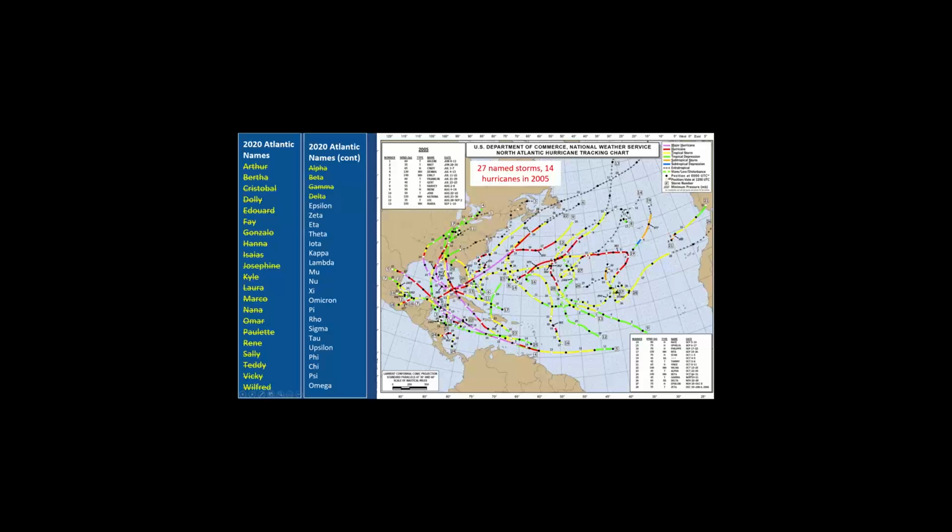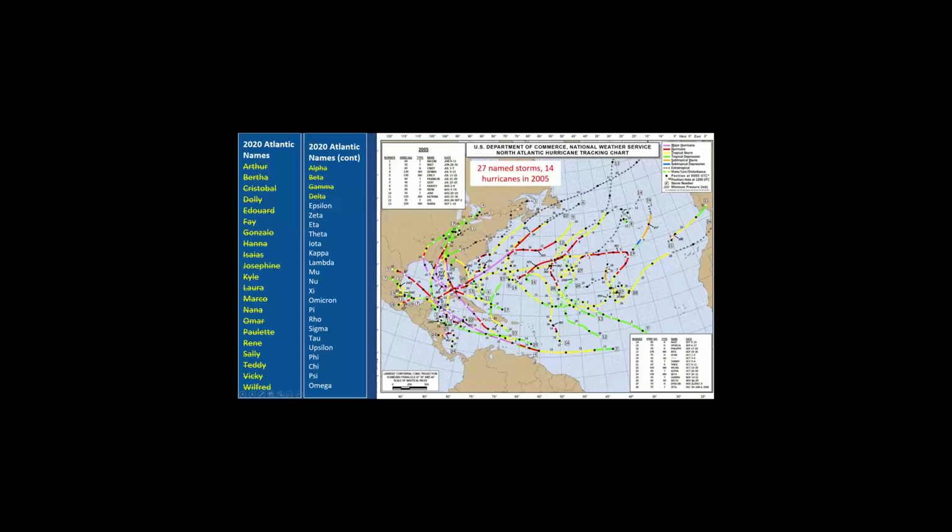In fact, looking back at 2005, look at all these storms that formed in October and later. Wilma, October 15th to 25th. Alpha and Beta also in October. Gamma in mid-November. So we're actually ahead of this season in that our Delta occurred in the early part of October.